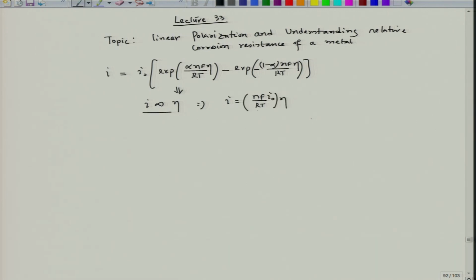So, this is basically the constant which is giving a linear relation, and we have also seen that if we plot I over voltage, it will be linear.